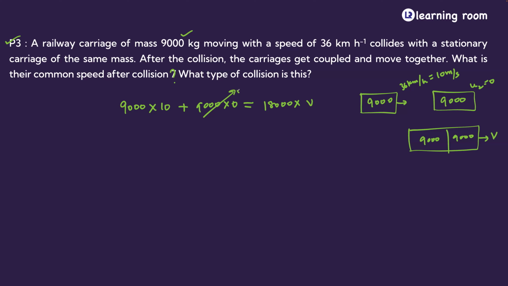So 9,000 into 10 is 90,000, equal to 18,000 into v. Cancel this and this, we get 5. So v will be equal to 5 meter per second.